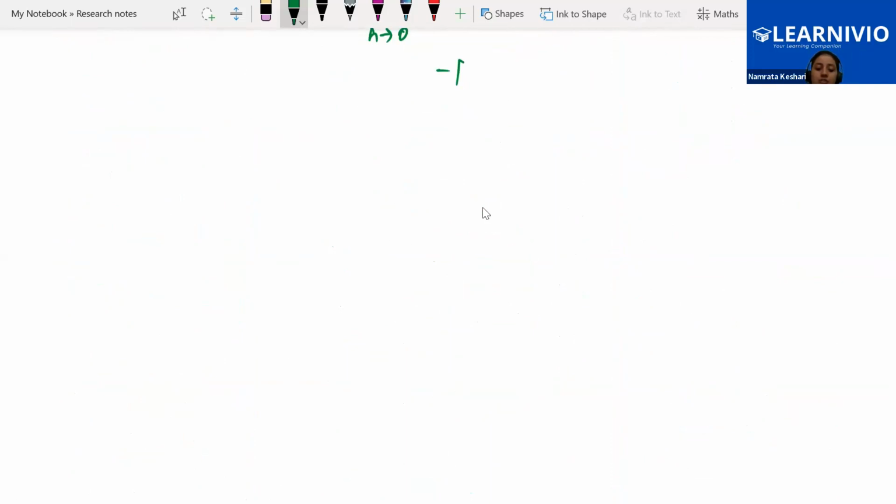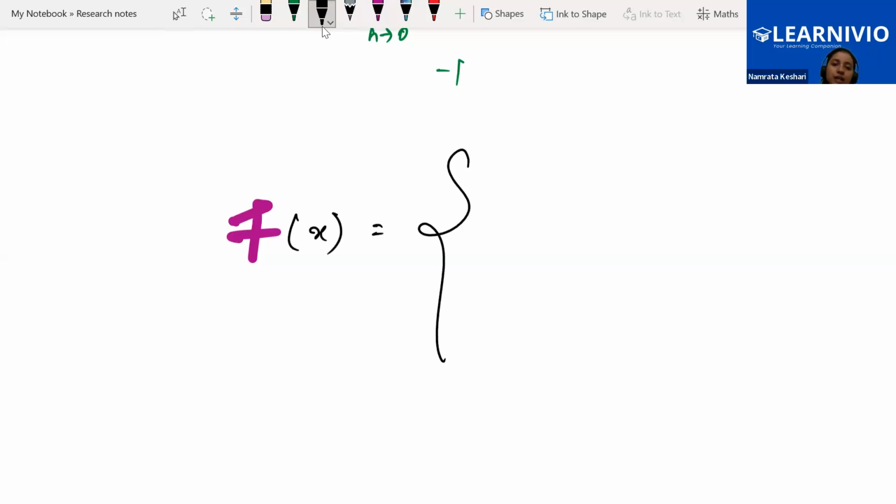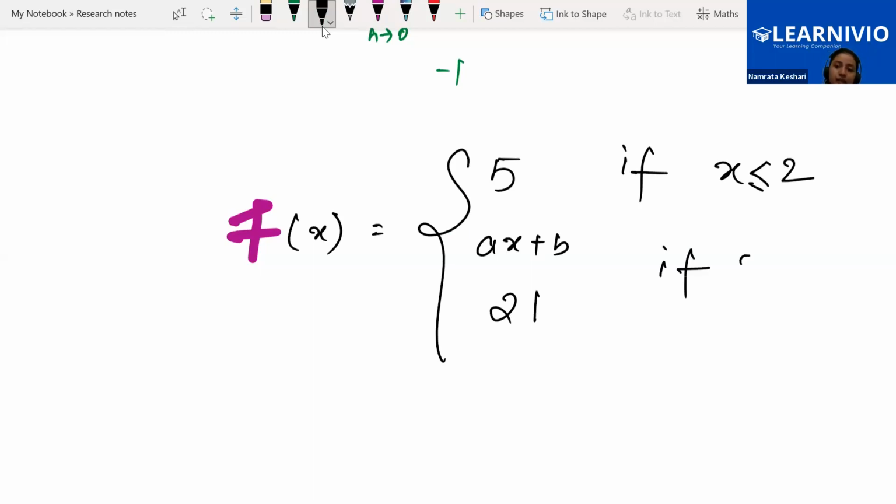Now there is a function where it says that f of x is equal to 5 if x is smaller or equal to 2, ax plus b if x is lying in between 2 and 10, and 21 if x is greater or equal to 10.